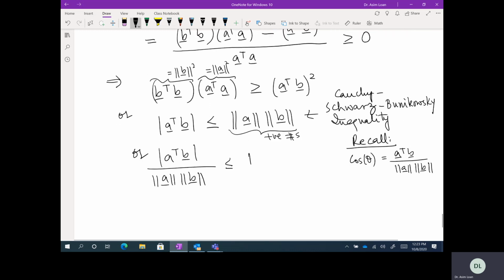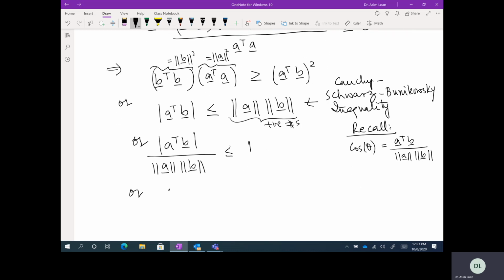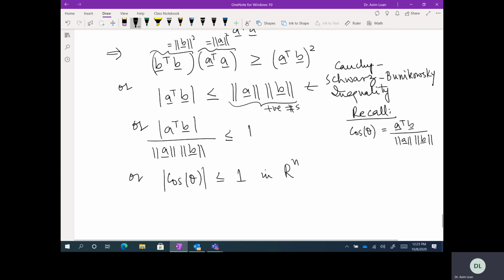This is 1. But what is this thing? Cosine of theta is less than or equal to 1, right? In R n. Equality holds if B is a multiple of A, meaning it's either in the same direction or the opposite direction.